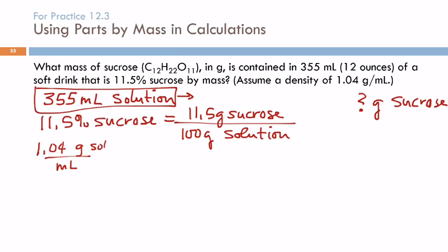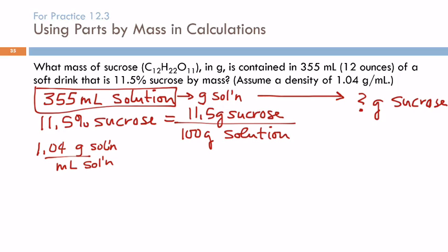So that's grams of solution per milliliters of solution. So this density would allow me to convert from milliliters of solution to grams of solution. Chemists get tired of writing the whole word, and so we just put a parenthesis there. So from grams of solution, well, this term has grams of solution in it and grams of sucrose.